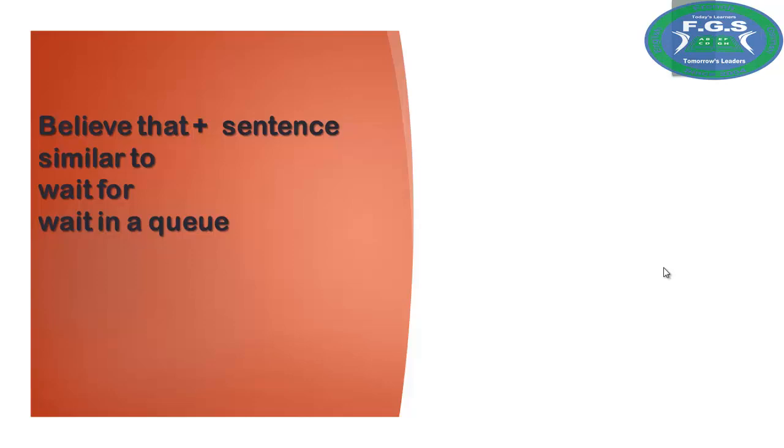So the word believe is followed by the word that. Then we follow this with a whole sentence. I believe that Egypt is the best country. Egypt is the best country. This is a sentence.